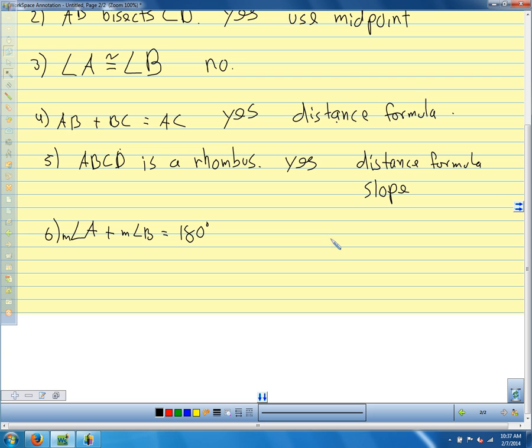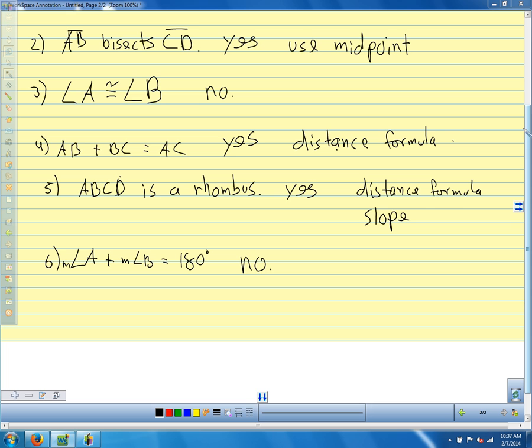What would we be talking about if we're talking about a 180 degree angle? A straight line. So if this had something to do with a straight line, if somehow we could figure out our angles were on a straight line, then we could figure out if it was 180 degrees. But like we said up here, in general, coordinates really don't tell us anything about angles. So I'm going to say no. Mostly coordinates don't tell us about angles. Again, eventually you'll learn something where we can figure out about angles with coordinates. But for now, with the distance formula, slope formula, midpoint formula, we really can't figure things out about angles.